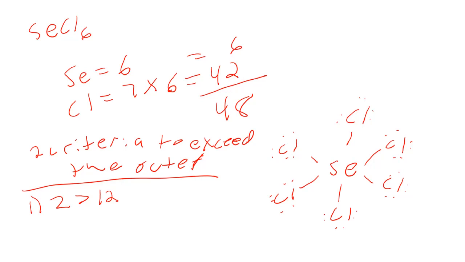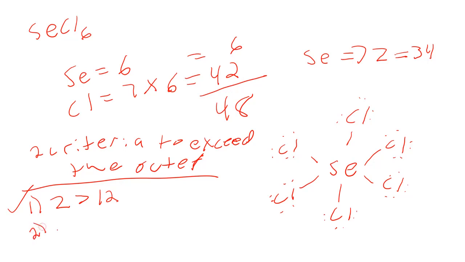So if we look at selenium on the periodic table, it has an atomic number of 34. So our first criteria is met. We have an atomic number greater than 12.